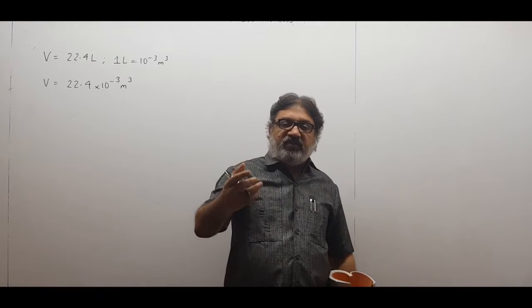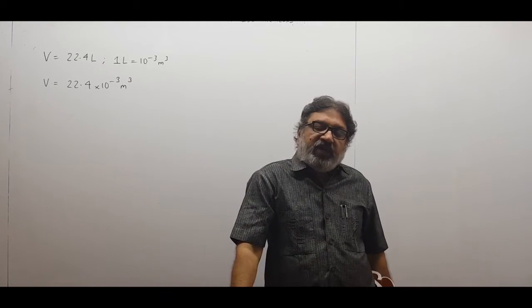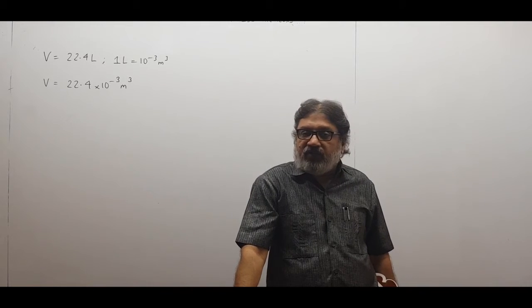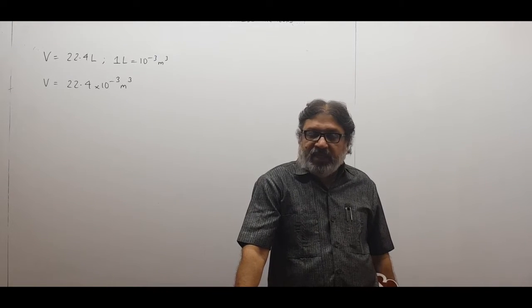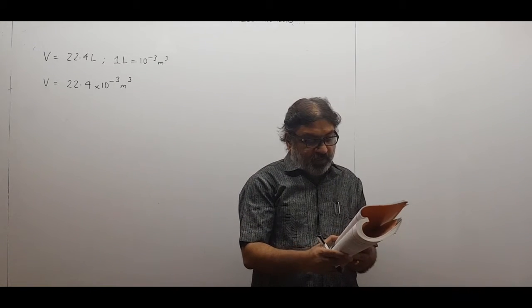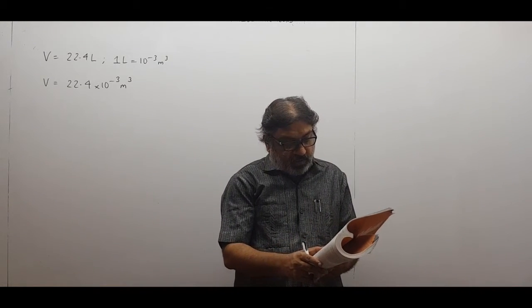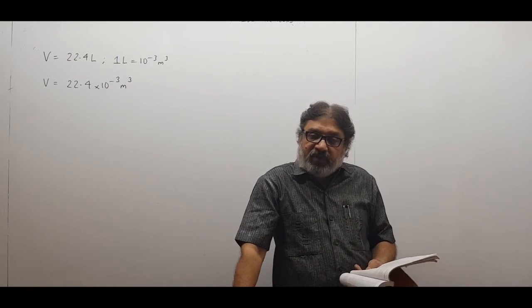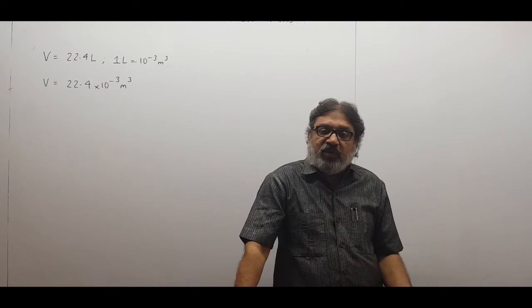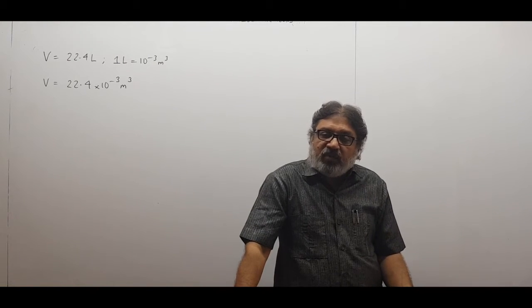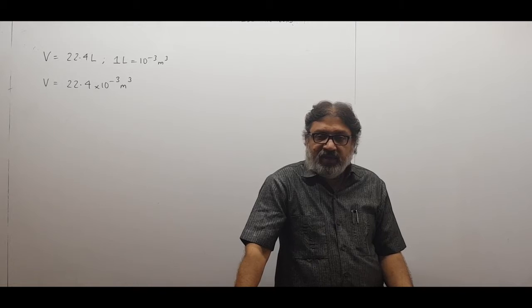Now children, in the previous example, we found out the atomic volume of 1 mole of hydrogen gas. Hydrogen molecule was given to us of radius 0.5 angstrom, and we were told to find the atomic volume of 1 mole.